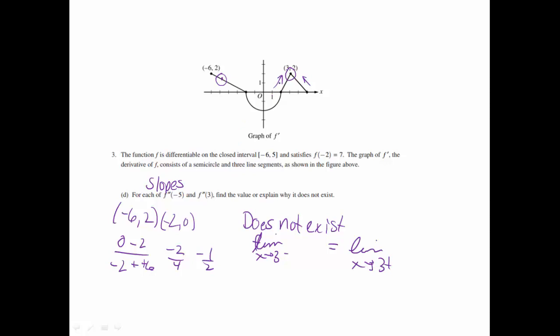Coming in from the left, the slope is equal to 1, and the slope from the right is equal to negative 1. So those two do not equal each other, so the limit as x approaches 3 from the left does not equal the limit as x approaches 3 from the right. We're going to get 1 point for that one. We'll get 1 point for this one with an explanation.